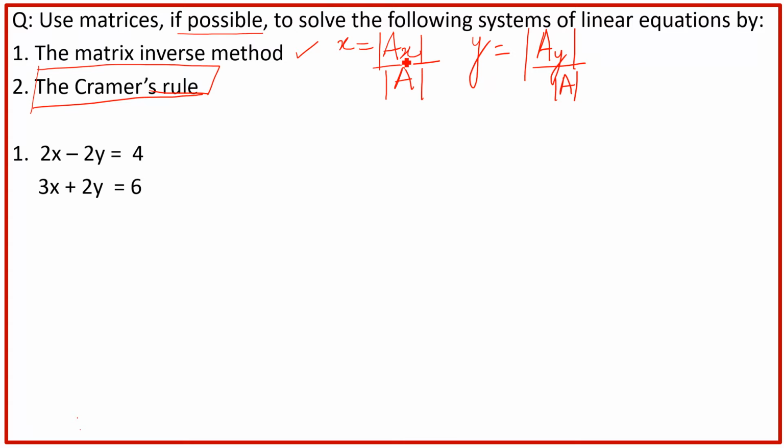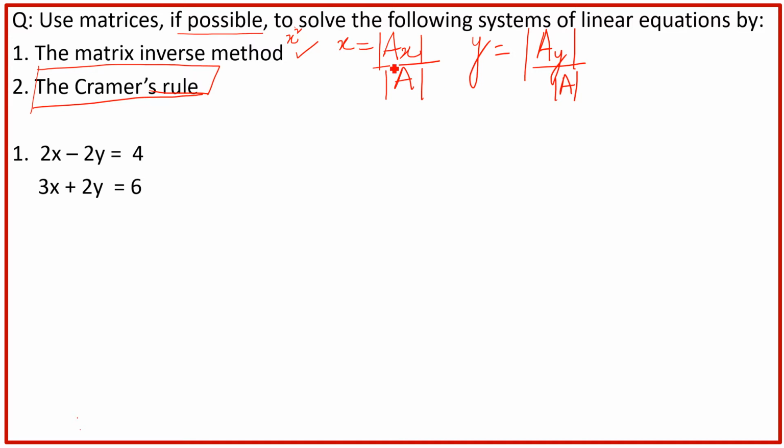If I am writing this x here, a little bit beneath A, it is called the subscript. Just like if I write x square y cube or whatever, it is called superscript. This is subscript. So how will we find out the value of x? x is equal to determinant of A_x divided by determinant of A, and same thing for y.